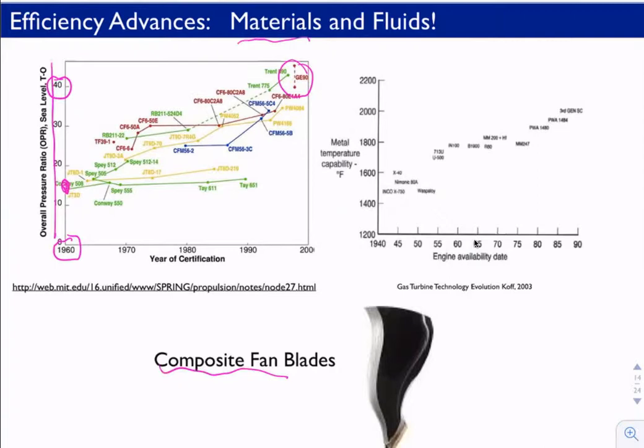And so these kind of developments really drove the materials industry, particularly jet engines themselves, because they withstand this pressure and heat for long periods of time and with limited tolerance to failure. And you see the same thing in the engine availability date from the 40s to the 90s: this increase in the temperature threshold of the materials that was being used in them, not doubling, but increasing by a factor of about 50%, which is impressive, which allowed them to get to these higher pressure ratios.